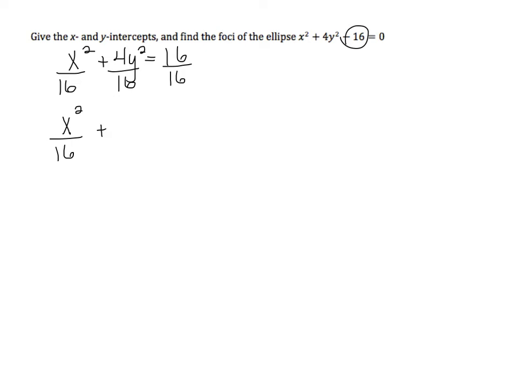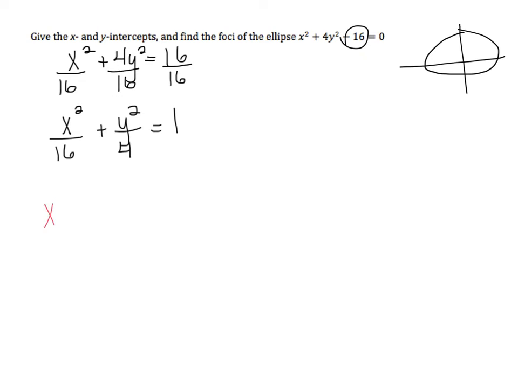Let's just make that y squared instead of 1y squared. So I know that this is a horizontal ellipse because the larger value is underneath x.